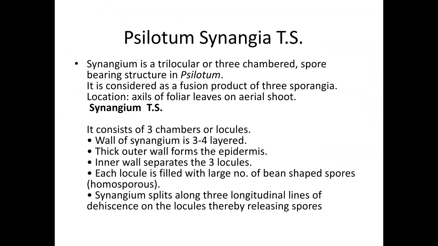Thick outer wall forms the epidermis, and the inner wall separates the three locules. Each locule is filled with a large number of bean-shaped spores, and the spores are homosporous. Synangium splits along three longitudinal lines of dehiscence on the locule, thereby releasing the spores.